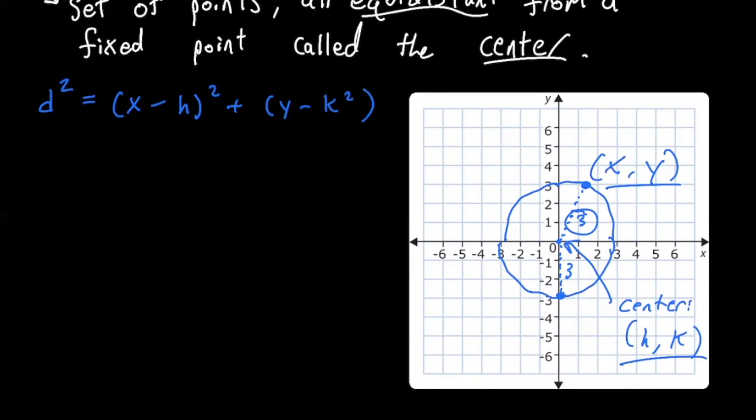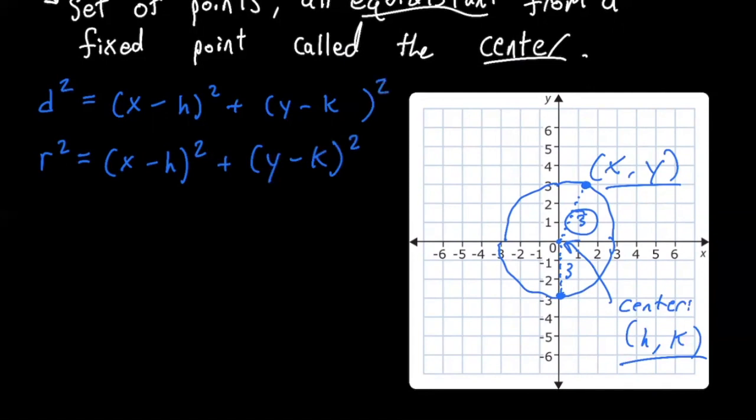So this is our distance formula between 2 points. Because we define the distance as the radius, which we can denote as r, we can write r squared equals x minus h squared plus y minus k squared. Oops, and this should be a squared outside of the parentheses like that.